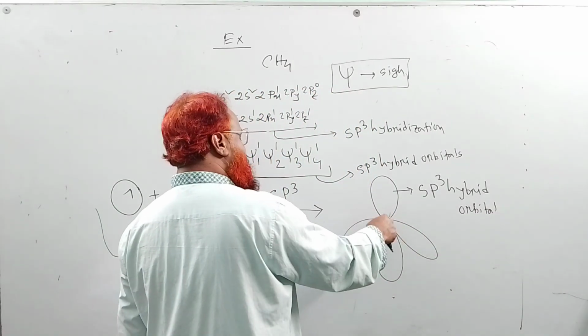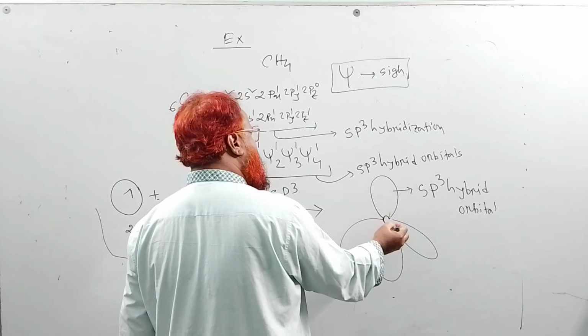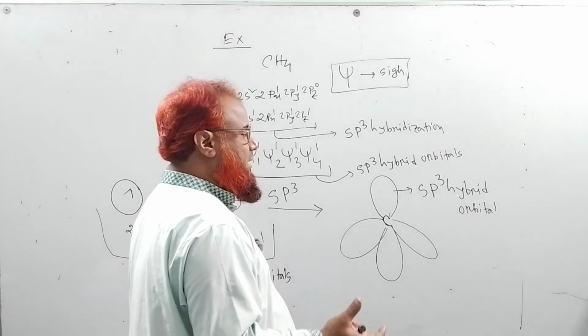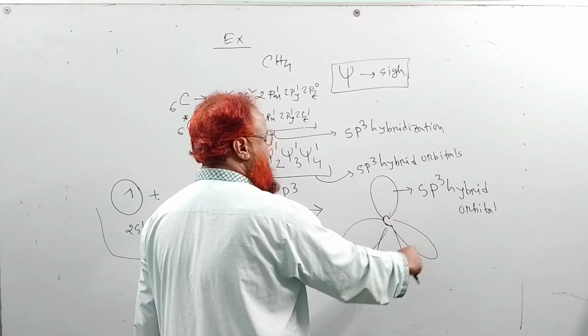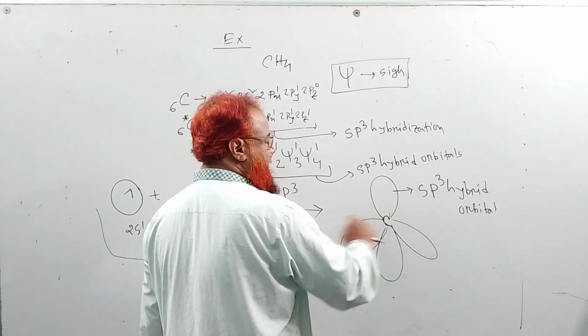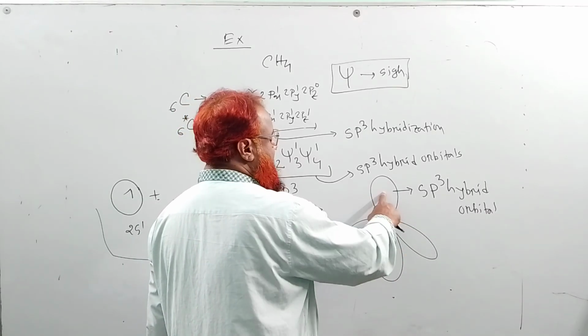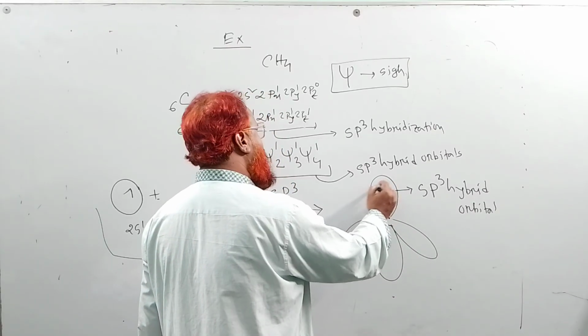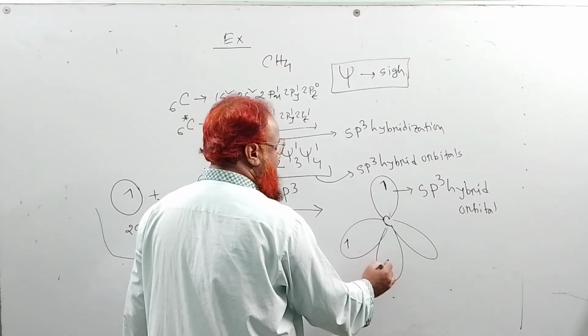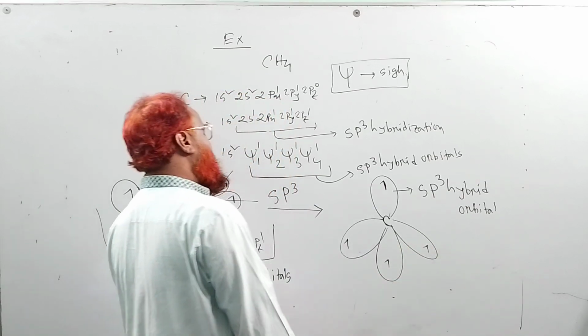This C is written just to indicate the nucleus of carbon, connecting those orbitals to the nucleus. These are the sp3 hybrid orbitals, each having a single electron.